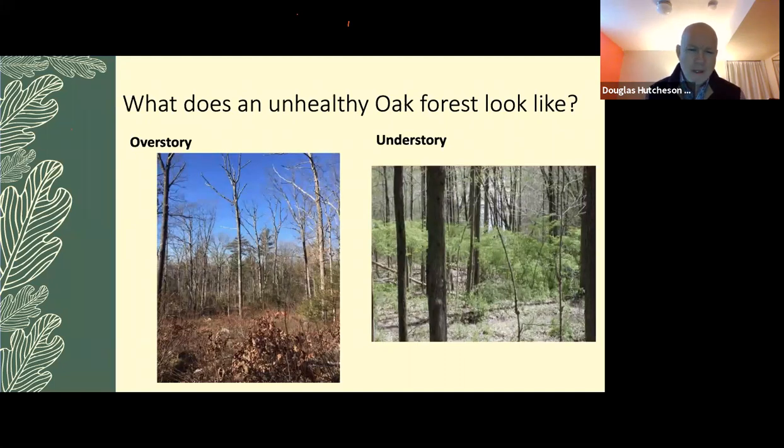And yes, there's green in the understory, but unfortunately, that's an invasive plant. That's winged euonymus. The canopy in this photo, there's many stems, there's a full canopy, but the result has been that very little light reaches the forest floor, and invasives have attributes that allow them to outcompete natives.